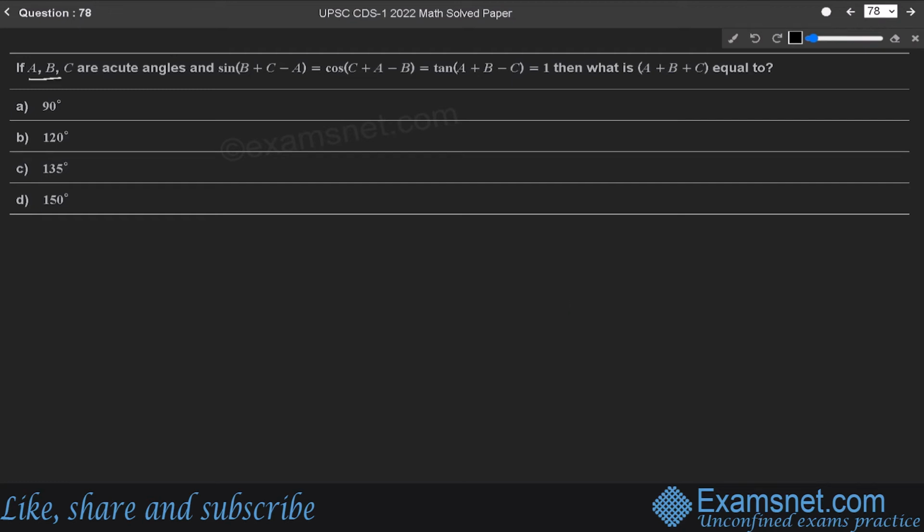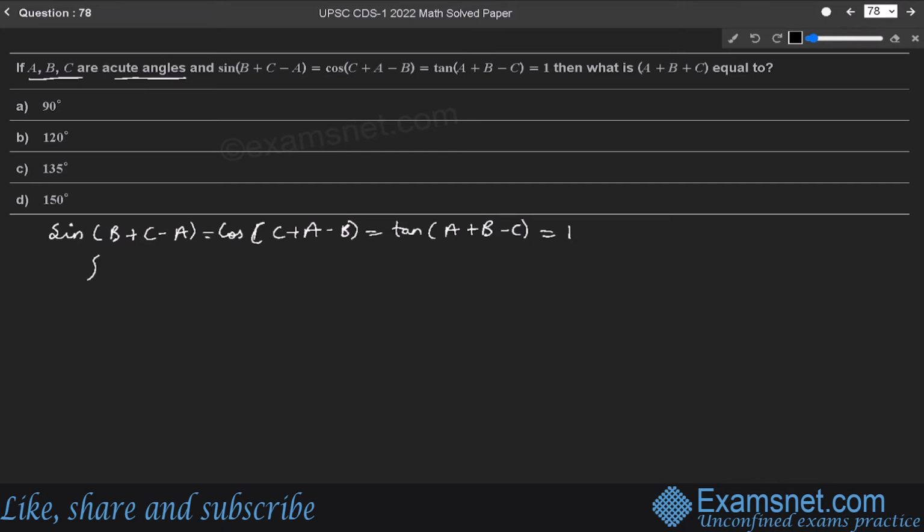It is given that A, B and C are acute angles and sin(B + C − A) equals cos(C + A − B) equals tan(A + B − C) equals 1.